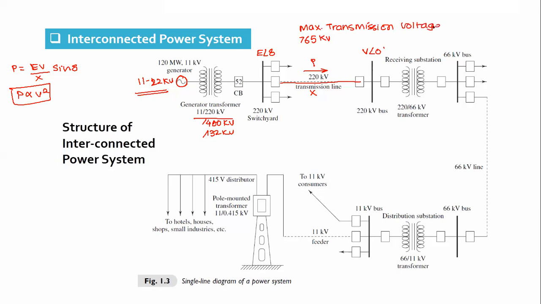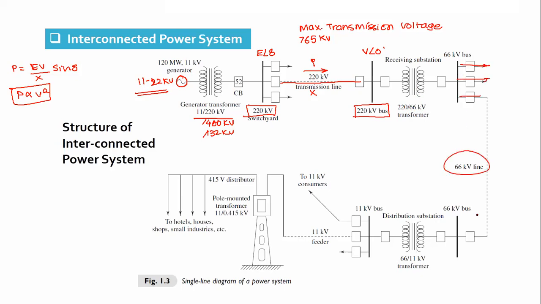Okay, now further there will be another substation. Let's say here it is a receiving end 220 kV substation, this is a sending end 220 kV substation. So again, for the distribution purpose, here we step down the voltage, and there will be further number of lines.